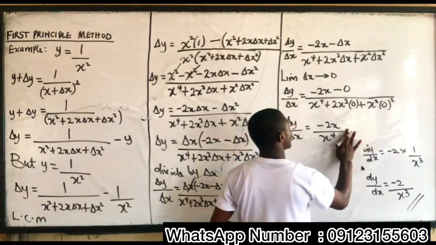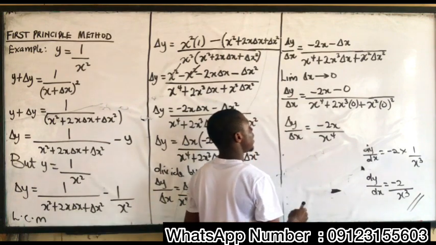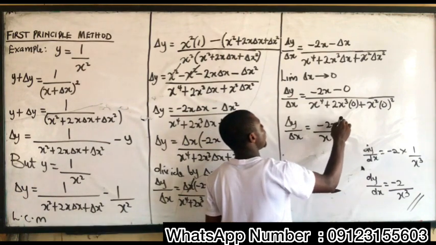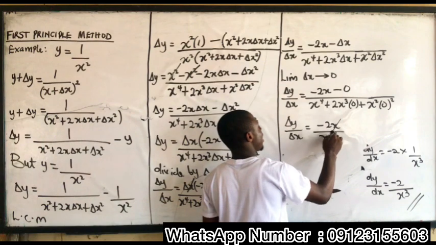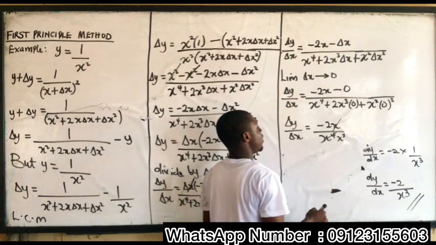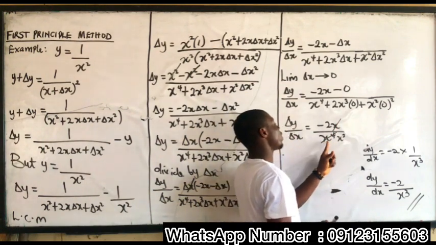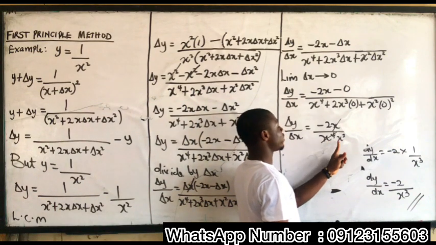So I'm left with just this thing. Hence, x to the power 4 cancels one x here, and I'll be left with x to the power 3.